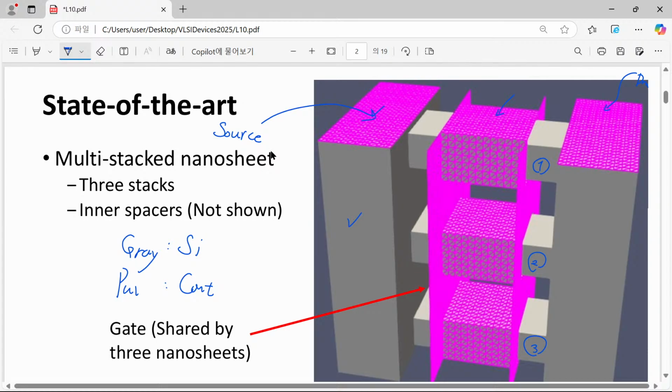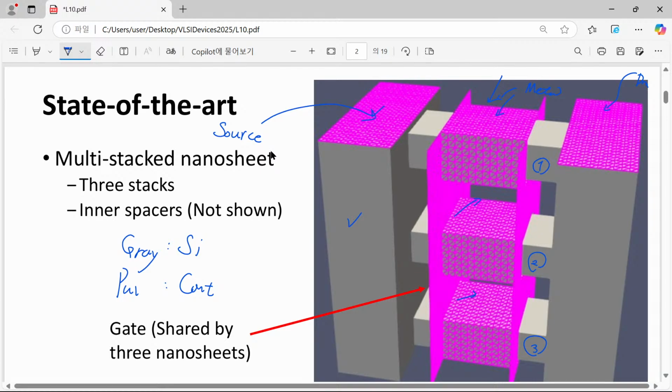Although it is shown just as a surface, we have to understand that this seemingly void is filled with metal. This purple surface just shows the surface of a certain region, so we have metal material filling all over this structure.